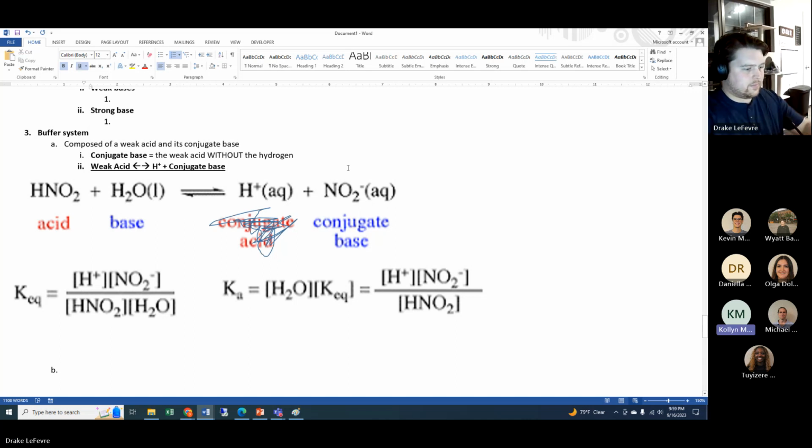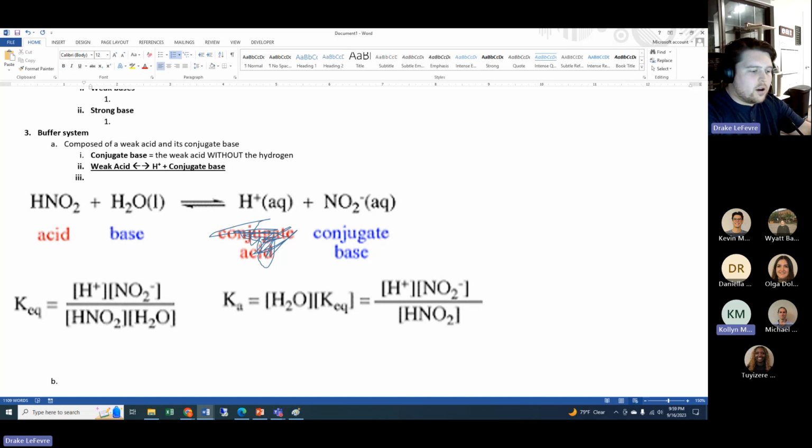Will it go back to an equilibrium, or will it stay higher? Eventually, if you stop adding conjugate base or you stop adding acid, it will reach an equilibrium point. And that's what a lot of these experiments are based on: adding different chemicals back and forth, trying to find a very specific balance point.